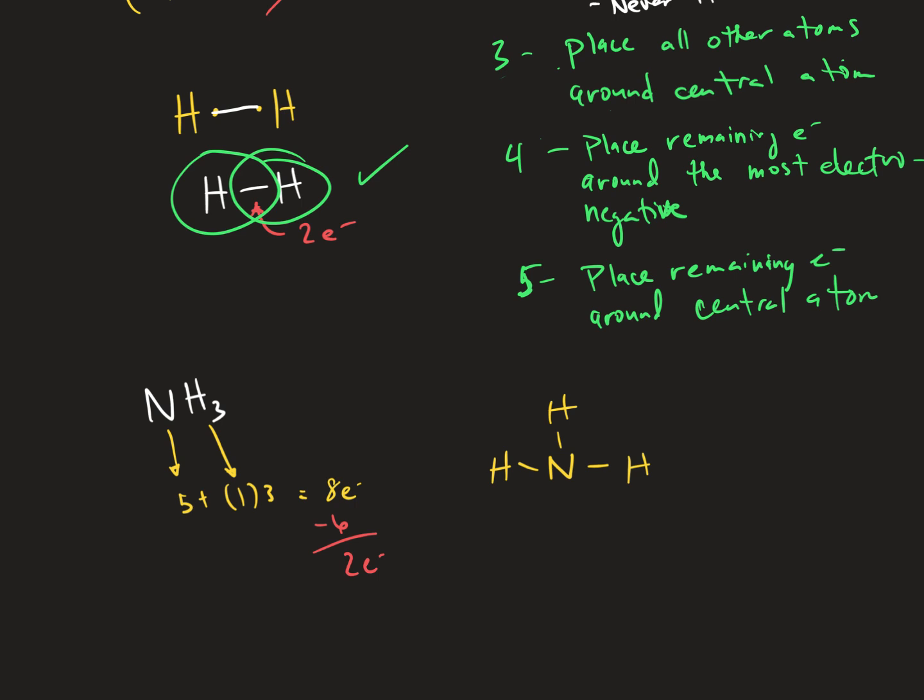Around the most electronegative, which is nitrogen, or the central atom. There they go. Now do they all have octets? That one has 8, that one has 2, 2, and 2. We're good. We don't have to draw those circles, guys. Please don't.